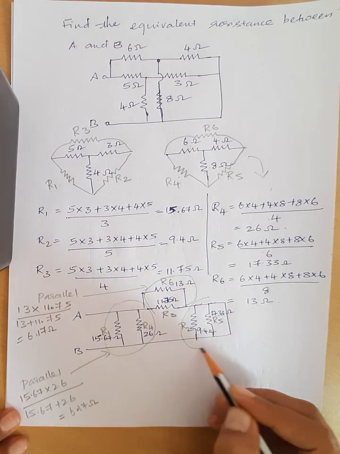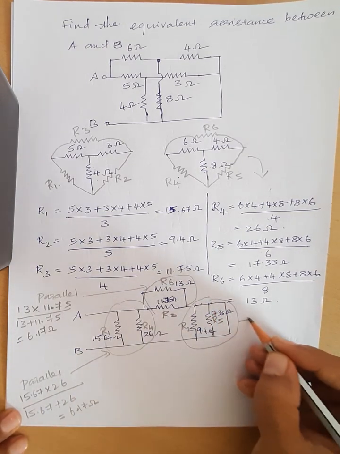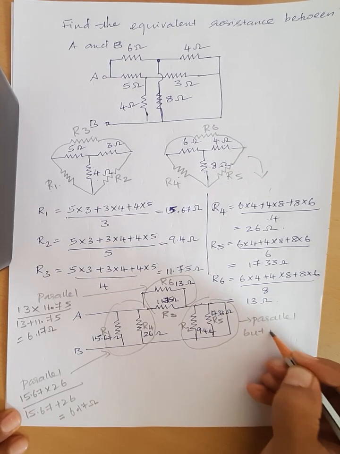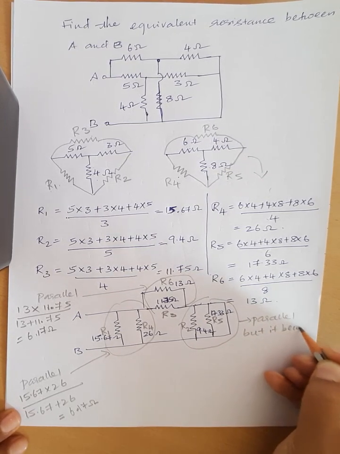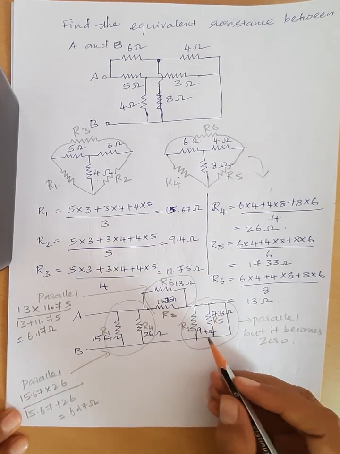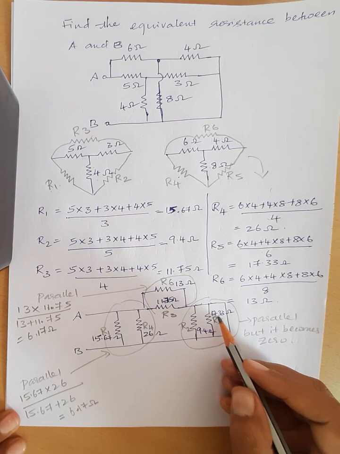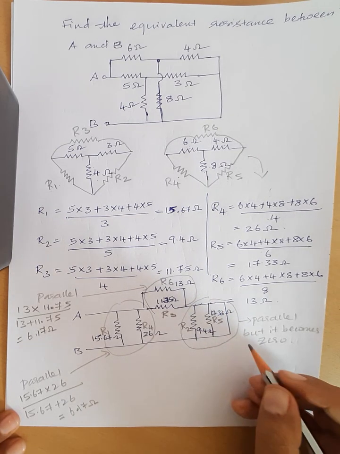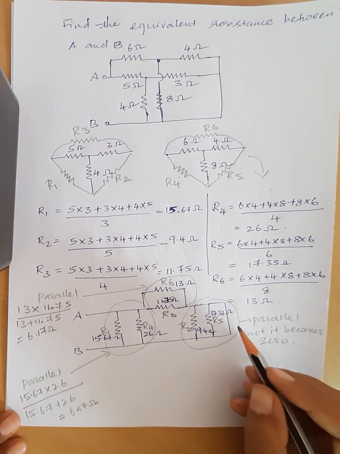This parallel combination, if you observe, this is also parallel, but it becomes 0 because 9.4 ohm and also 17.33 ohm are in parallel with the short circuit. For a short circuit, voltage will be equal to 0.